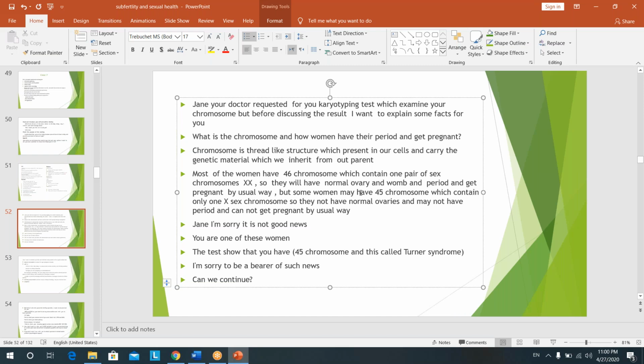So some women may have 45 chromosomes, which contain only one X chromosome. So they will not have a normal ovary and they may not have period and they may not get pregnant by the usual way. So they can get pregnant by any other mean other than the usual way. So this patient can't get pregnant by the usual way.